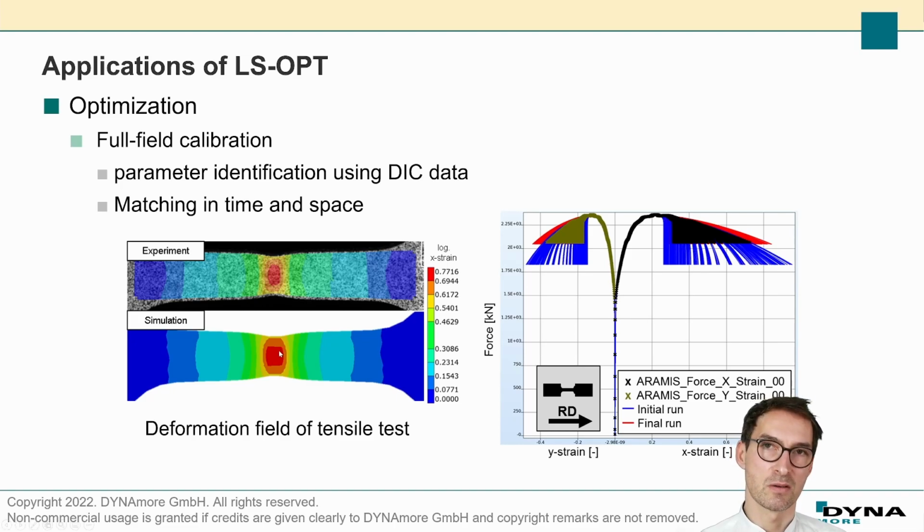That's why it's called full field calibration, because you have the full strain field and you're trying to match in your simulation the full strain field. This is what the guys in our lab are doing, and usually you achieve way better results using this full field calibration. If you're interested, feel free to contact us. Our MCC, our Material Competence Center, is working with this one.